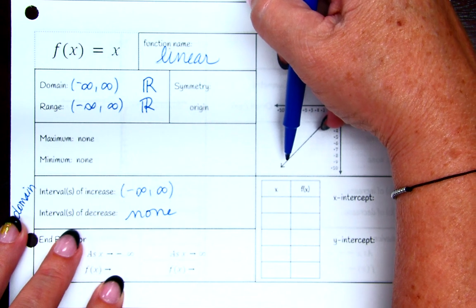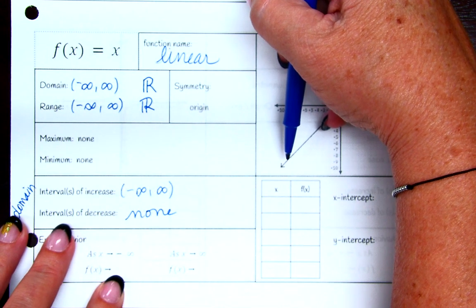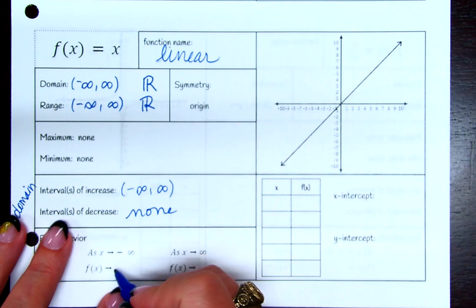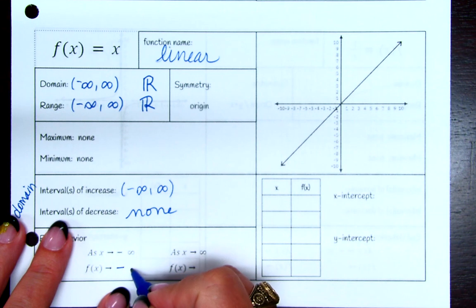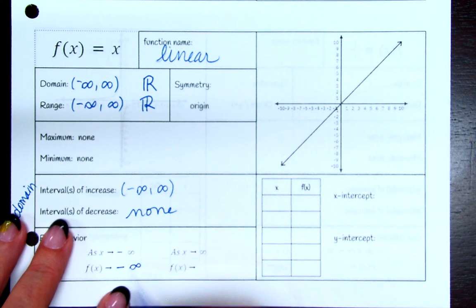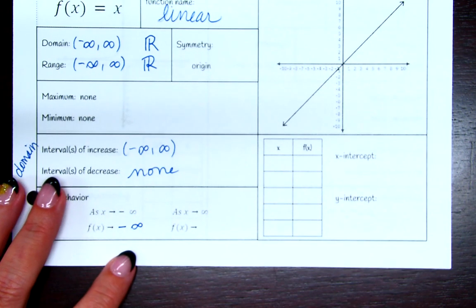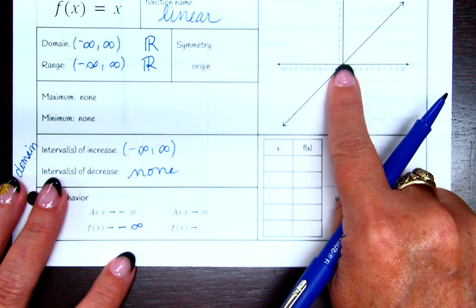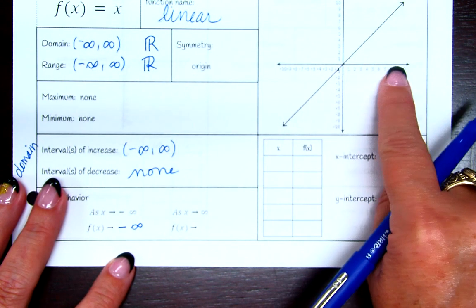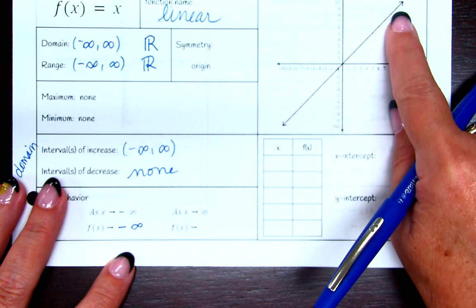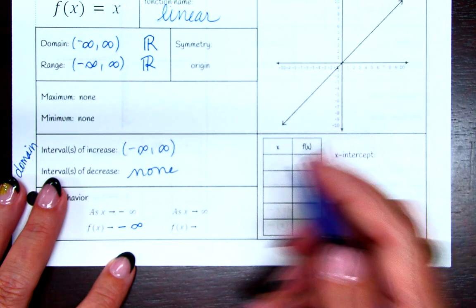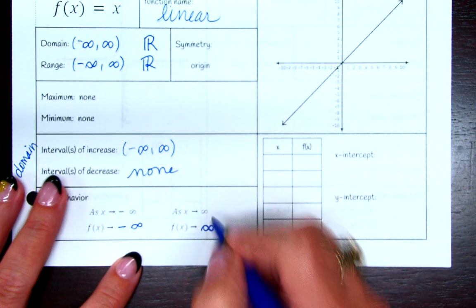Down, right? How far? All the way, right? So what do you think I put right here? Negative infinity, yeah, absolutely. And x is moving to the right. As x is moving to the right, what is happening to the y's? They're going up all the way, right? So infinity. Very good.